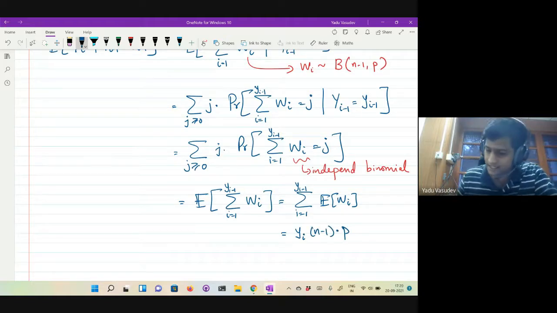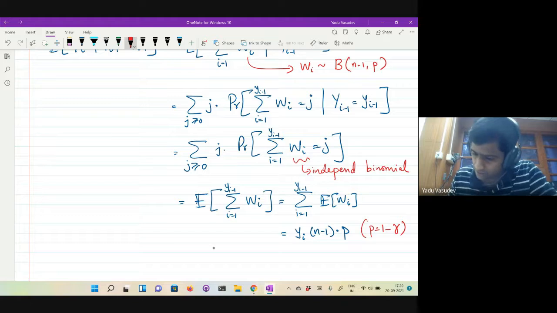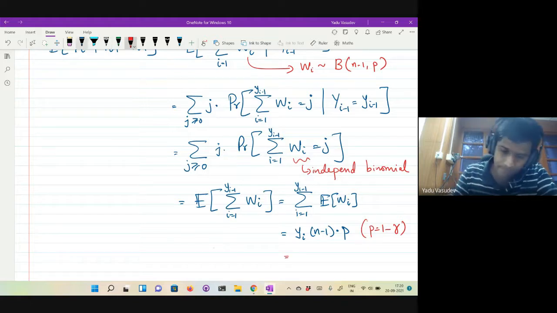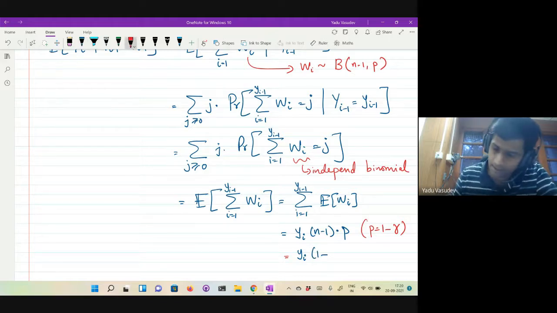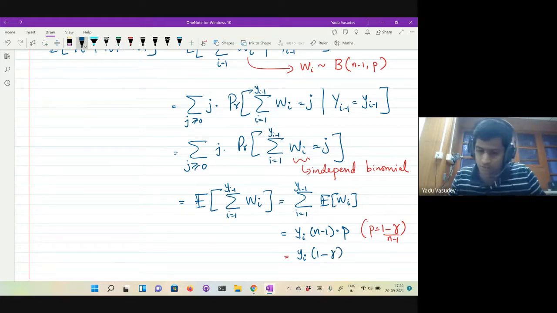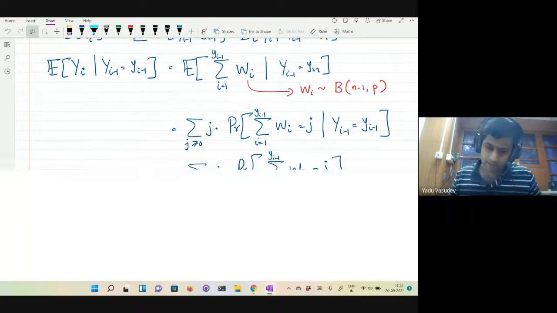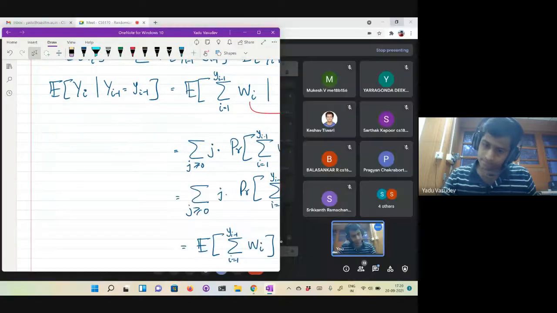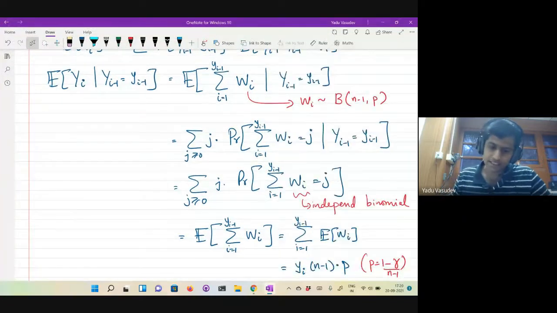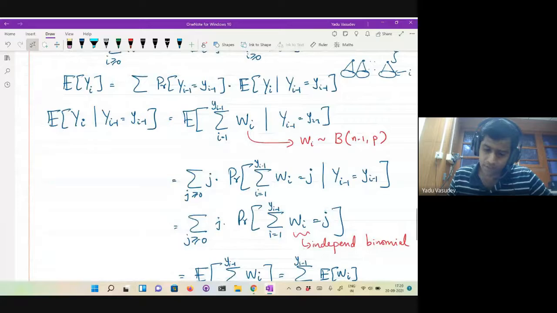In our case, p is equal to 1 minus gamma divided by n minus 1, so this is y_{i-1} times 1 minus gamma. This is the expectation of Y_i given Y_{i-1} equal to small y_{i-1}.